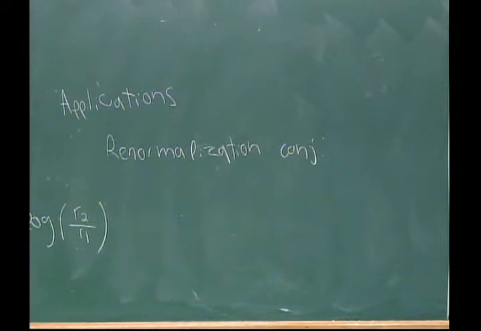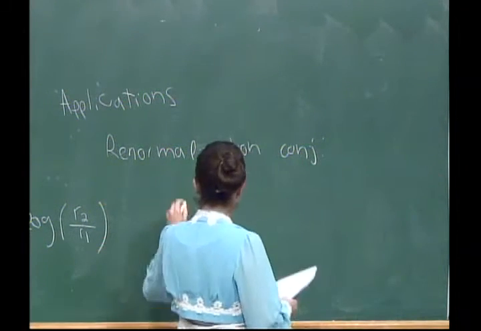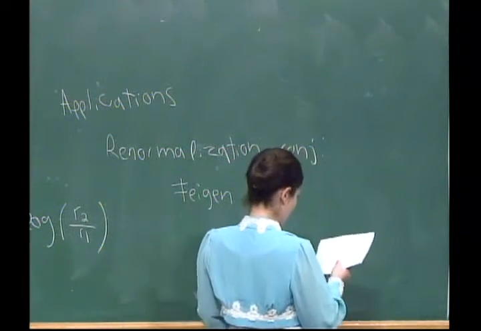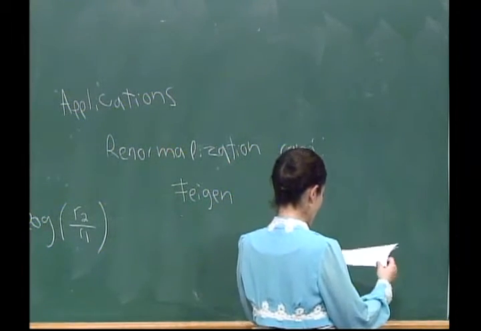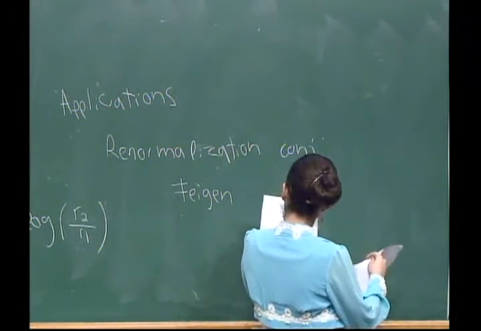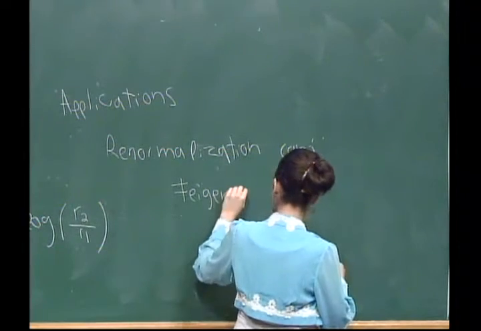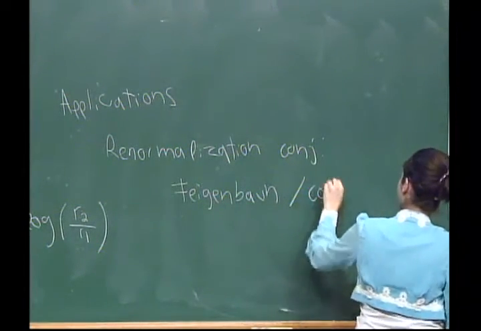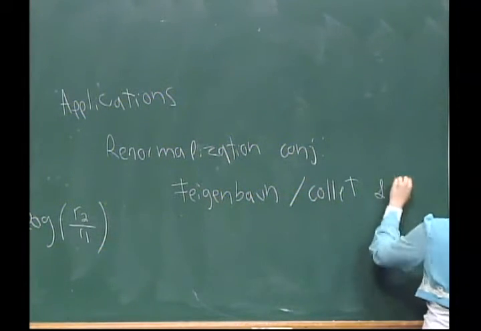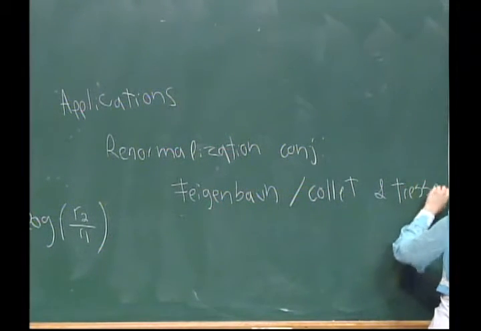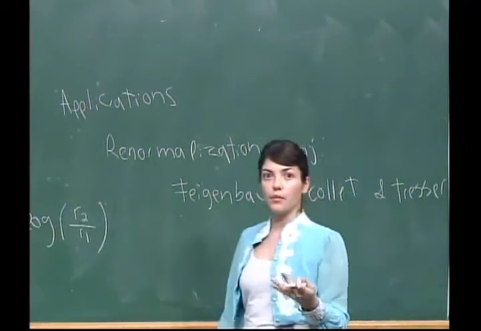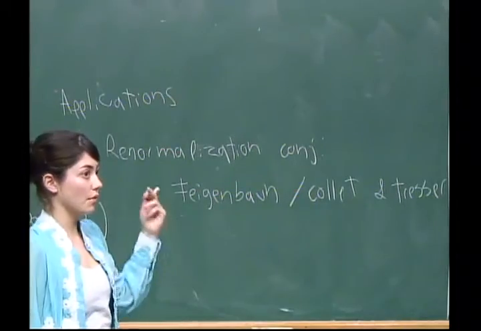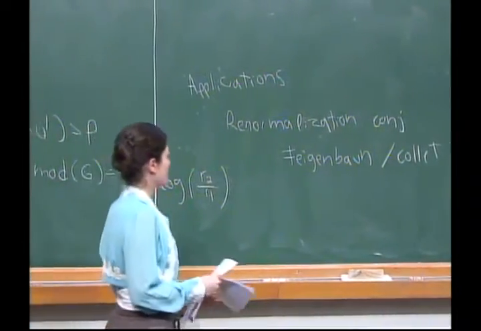So basically, it was around the 70s that Feigenbaum, I'm sorry, dyslexia, Feigenbaum, and Coullet and Tresser discovered that there's some universal behavior of unimodal maps that go through a period doubling cascade.